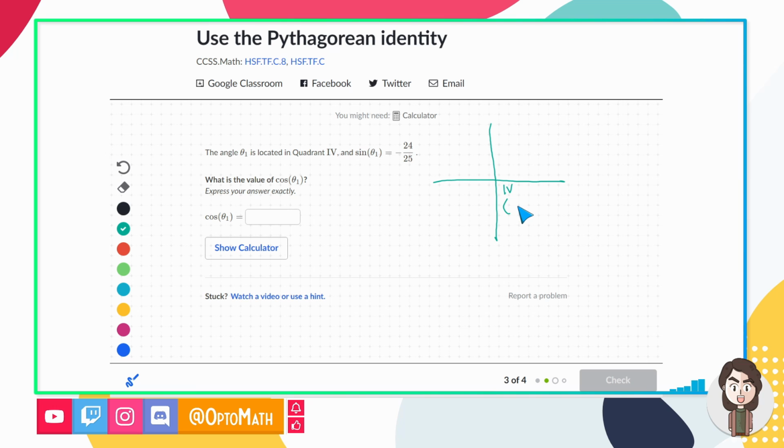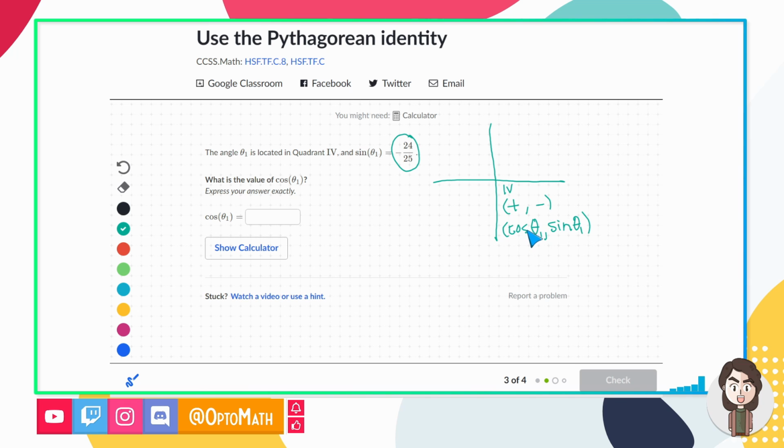The signs, the positive and negativeness of these points, are positive, then negative. And we know that cosine is x, and that's a theta sub 1, and sine is y.